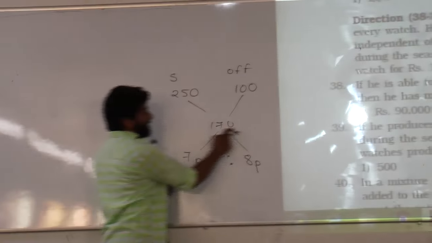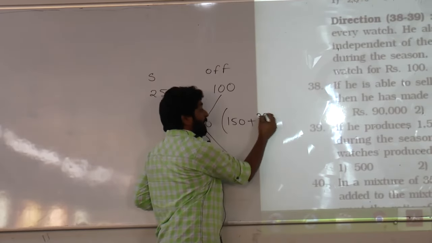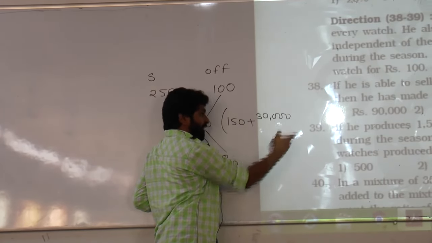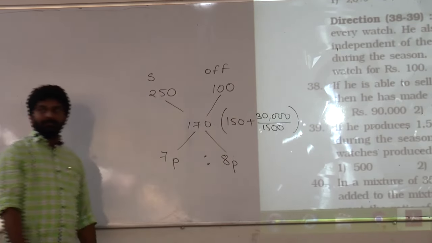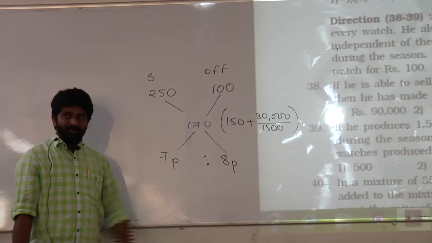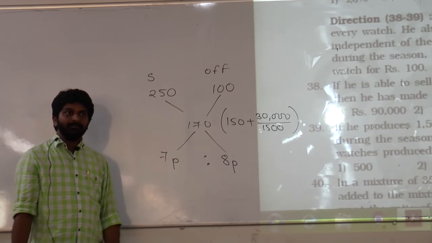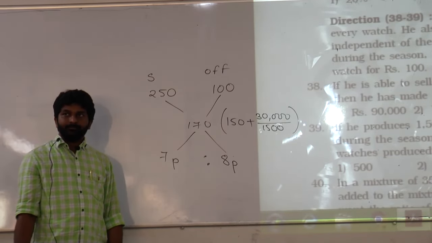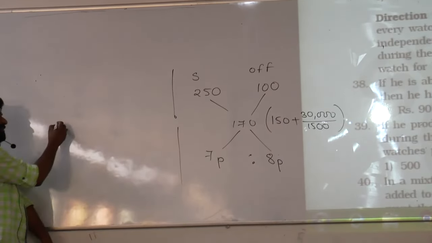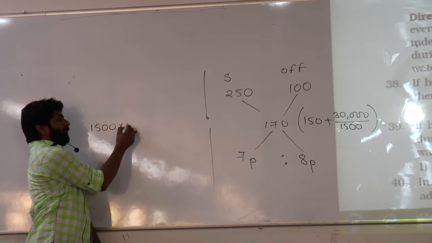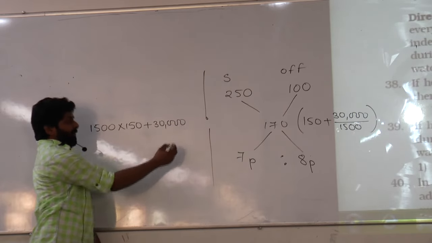See, I'm getting 150 plus, and I need to get 30,000 rupees extra expenditure by selling 1500 watches. For one watch that will be 30,000 by 1500, so 150 plus 20, 170. Go for allegation, you'll get it. The same you will get in another way also. Total cost price is 1500 into 150 plus 30,000 fixed expenditure.